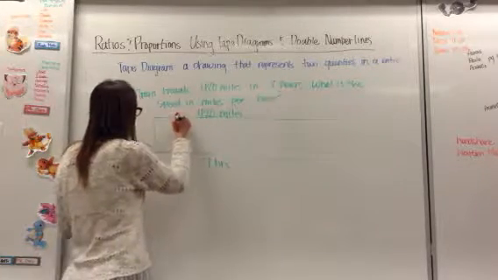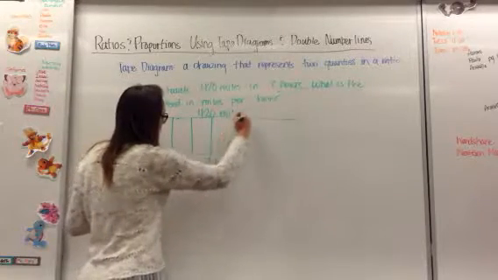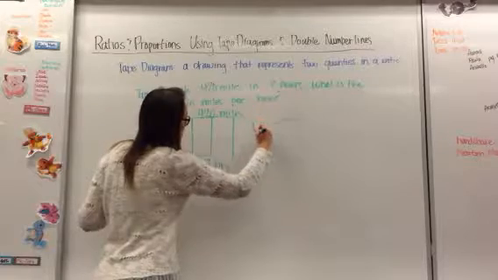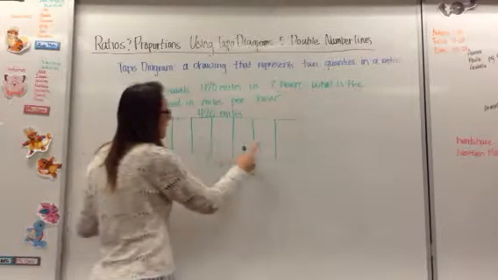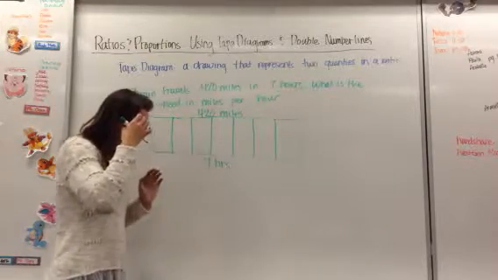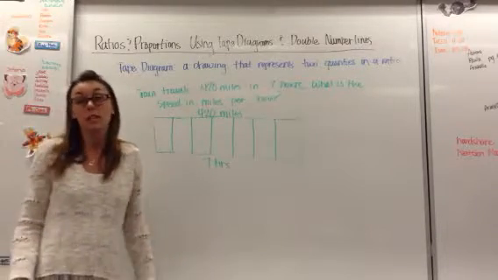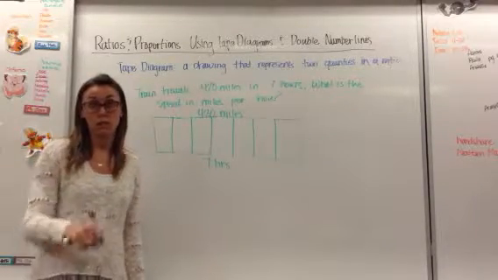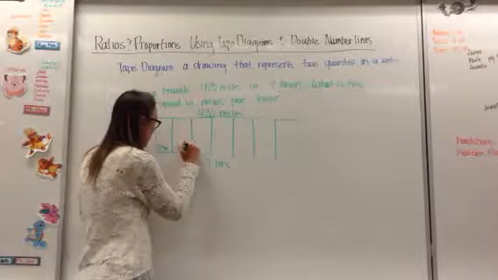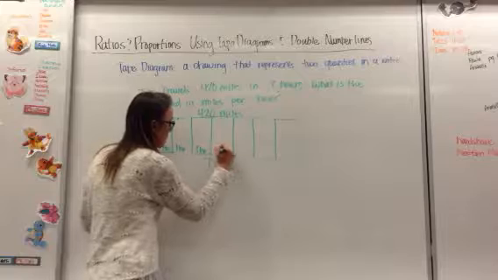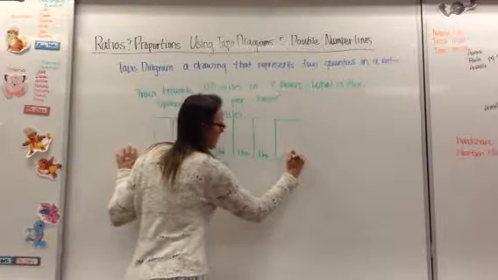So we have 1, 2, 3, 4, 5, 6, 7. Okay, so I know that each of these boxes represents how many hours? 1 hour. So this is 1 hour, 1 hour, 1 hour, 1 hour, 1 hour, 1 hour, 1 hour.